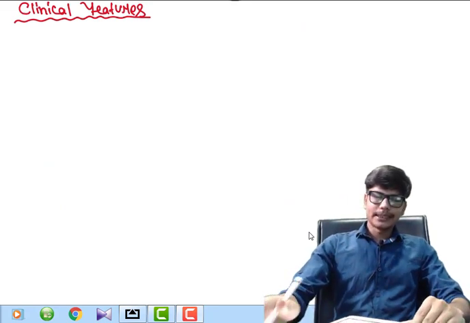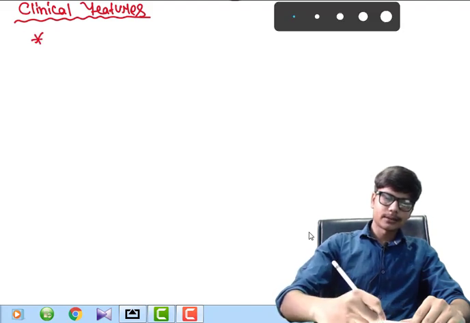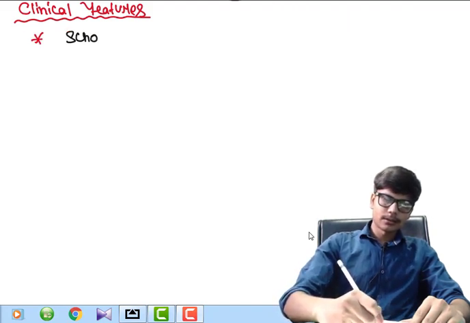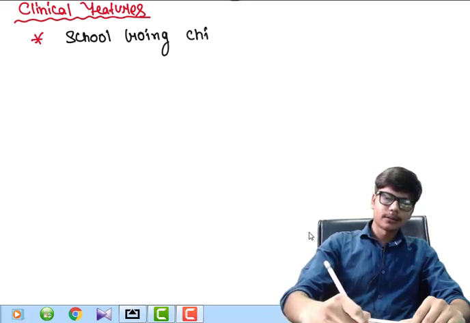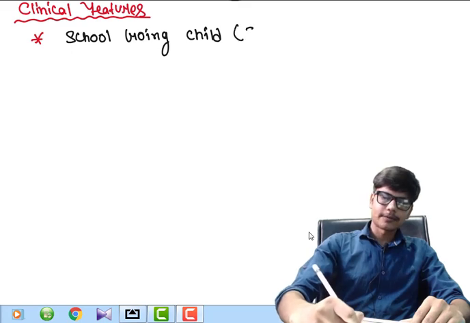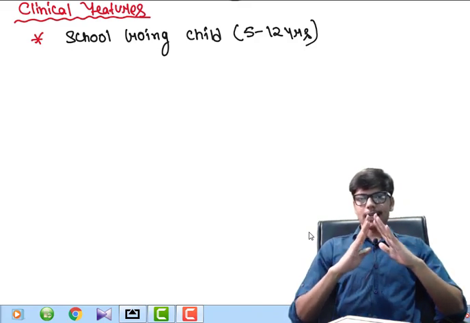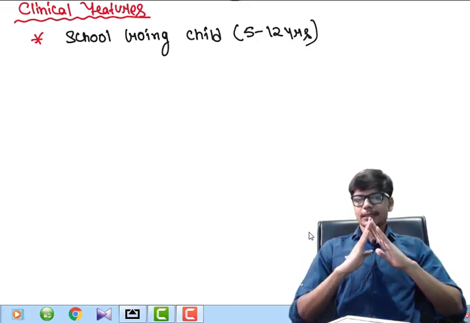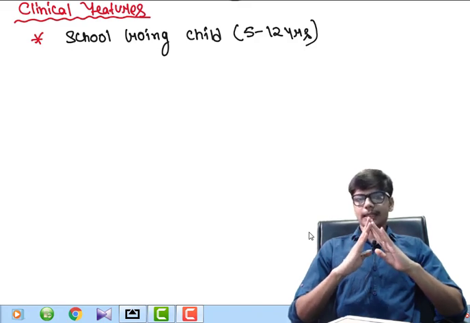APSGN commonly occurs in school-going children, that is 5 to 12 years of age. It starts with a streptococcal infection. As I told you, it starts with a streptococcal infection.